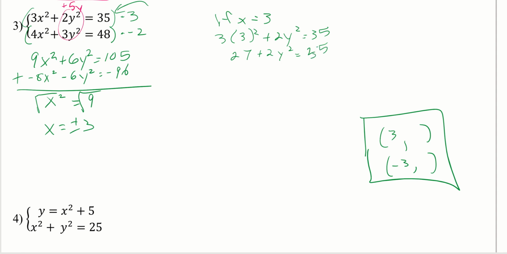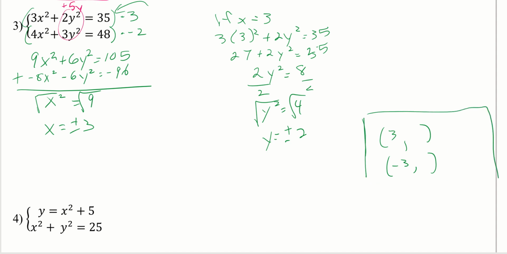Subtract that 27 over, and so that's going to be what, 8? And then here, divided by 2, so y squared is equal to 4. Okay. Now here, I square root it, and I actually have more answers than I thought I would. So this is ±2.